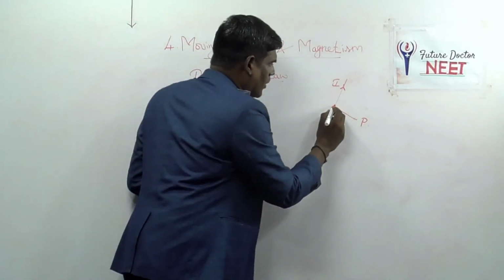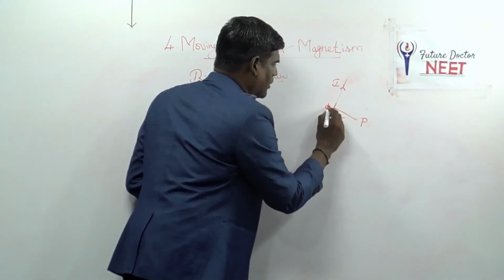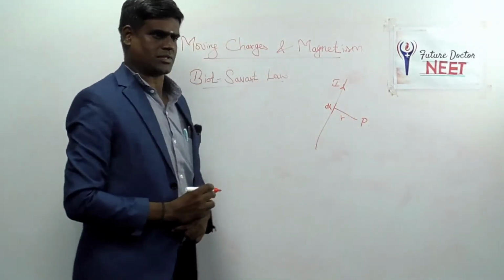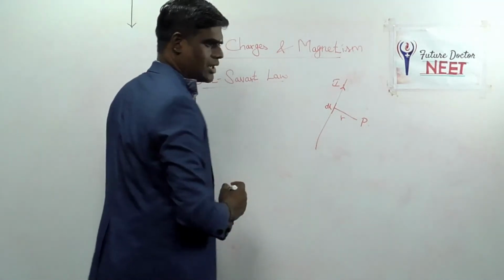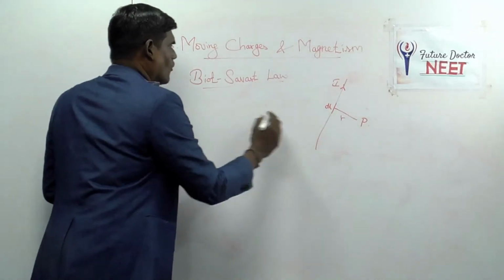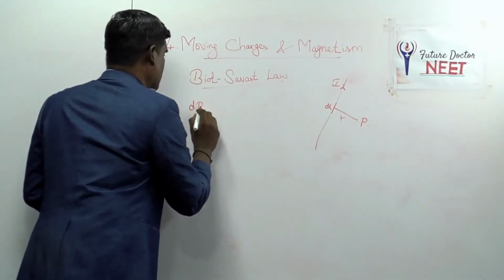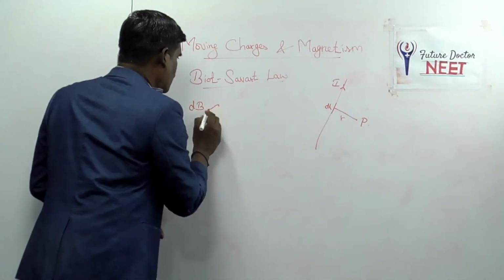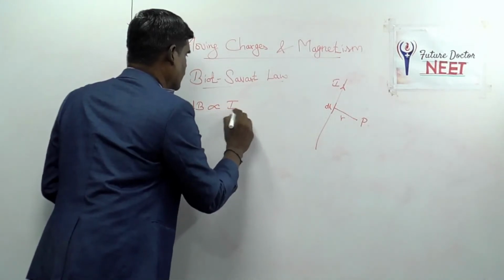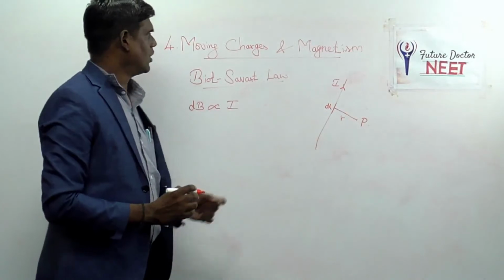We will take a small length as dl. dl is the length of the element. And then what is the magnetic field at this point? That is dB, which depends upon some factors. dB is proportional to I, the current flowing through the conductor.